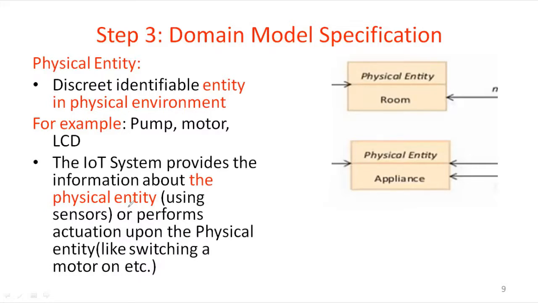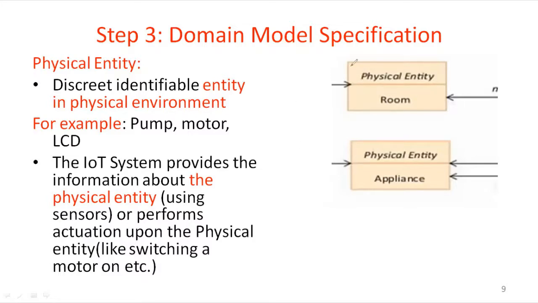That means the sensor always takes the physical entity information. Is it clear or not? The sensor takes the physical entity information, and then actuators act upon the physical entity. That is simple information.